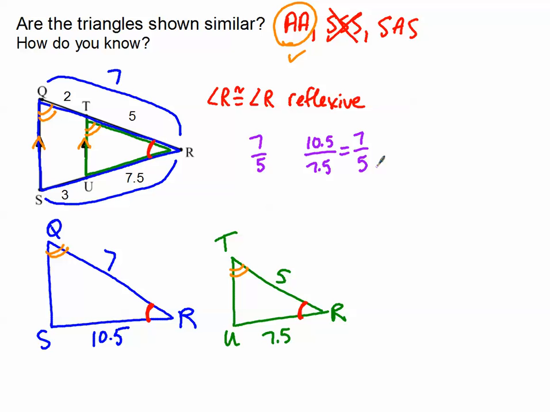So side, angle, side can also prove that these two triangles are similar. Either way we want to do it, angle, angle, or side, angle, side, we do see that triangle QSR is similar to triangle TUR by one of the postulates or theorems that we choose to use.